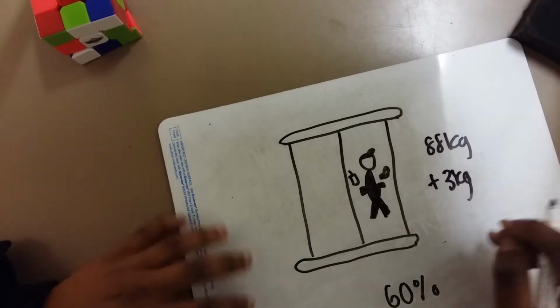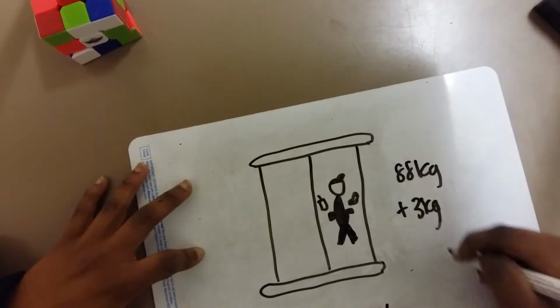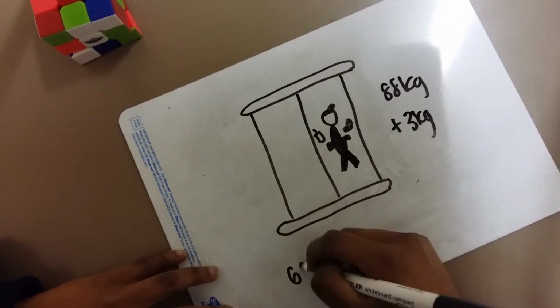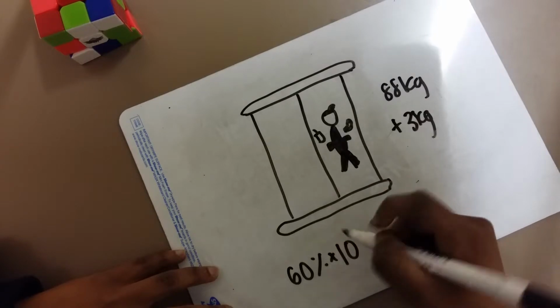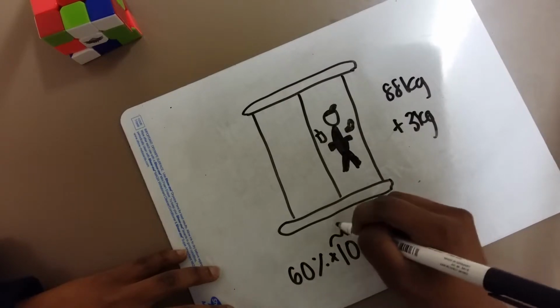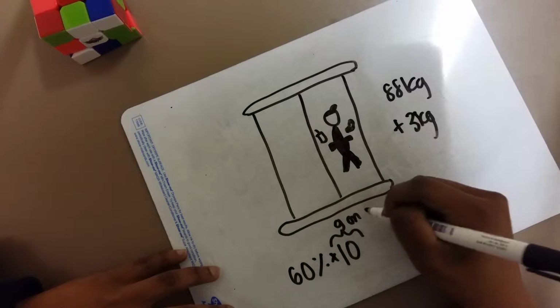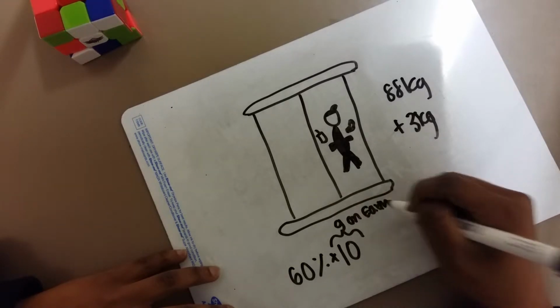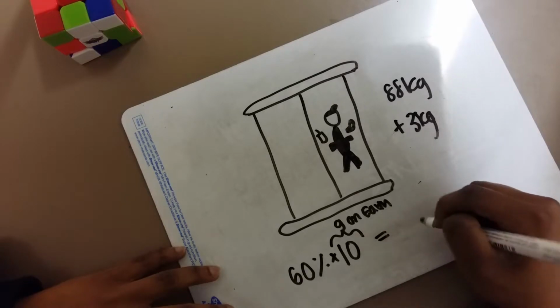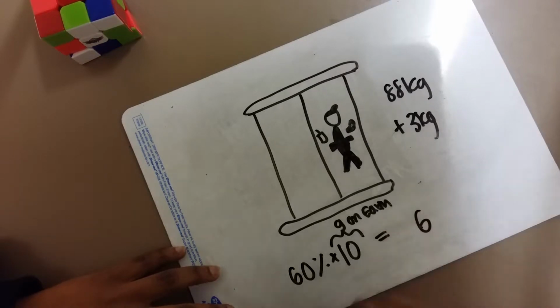So what's his weight? If we do 60% of 10, which is the value of gravity on Earth, we get 6.